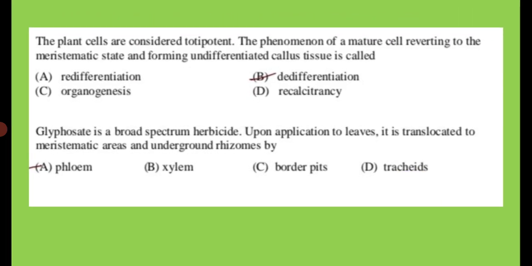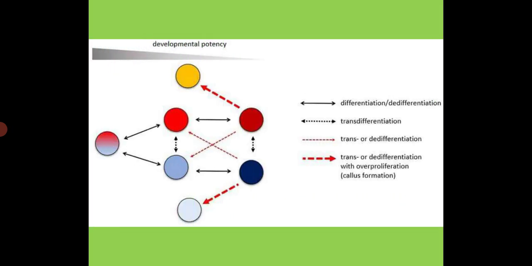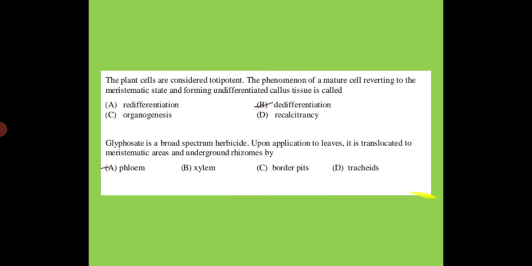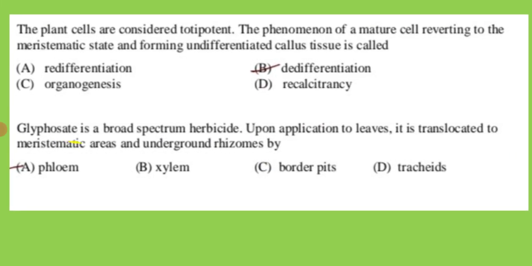The plant cells are considered totipotent. The phenomenon of mature cell reverting to the meristematic state and forming undifferentiated callus culture is called. This is called de-differentiation.